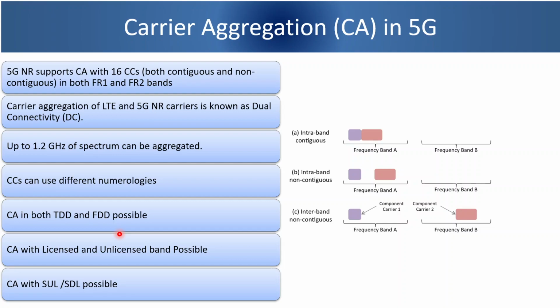And in 5G, there are certain bands for supplementary uplink, and there are certain bands for supplementary downlink. So carrier aggregation of an FDD or TDD band can also be aggregated with a supplementary uplink band or supplementary downlink band.